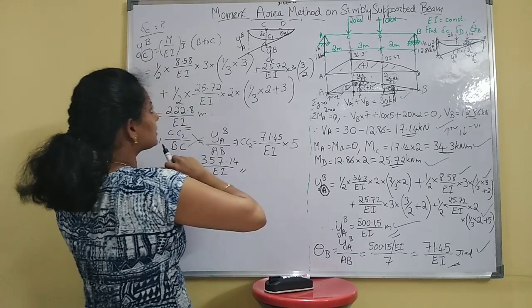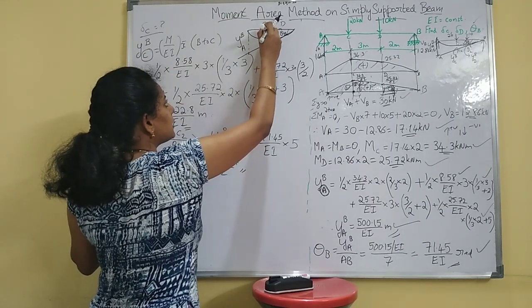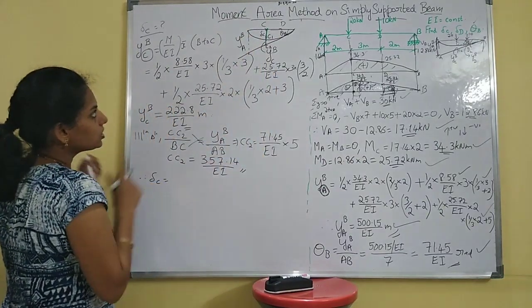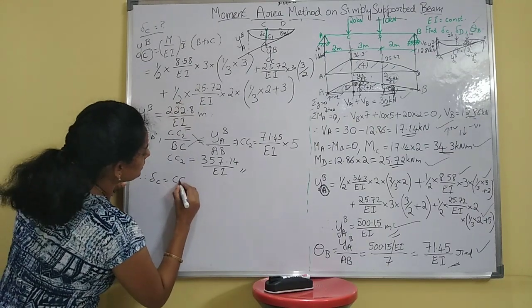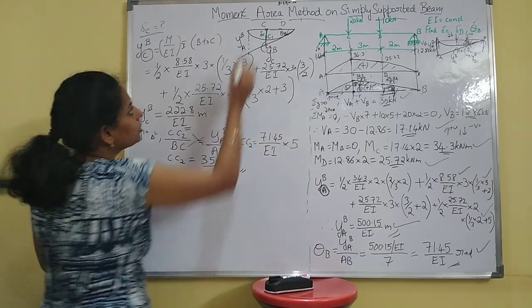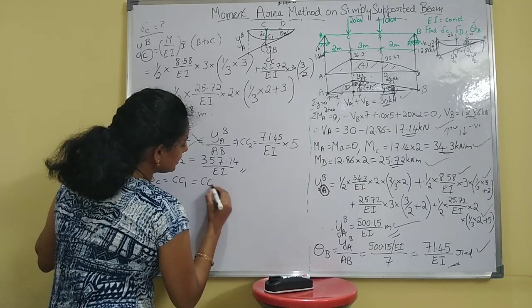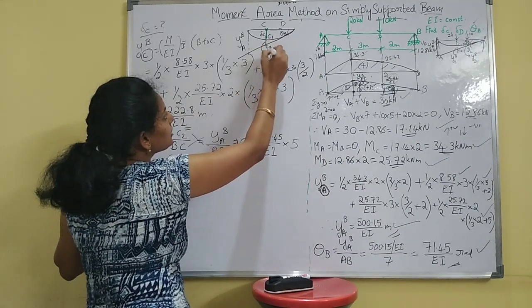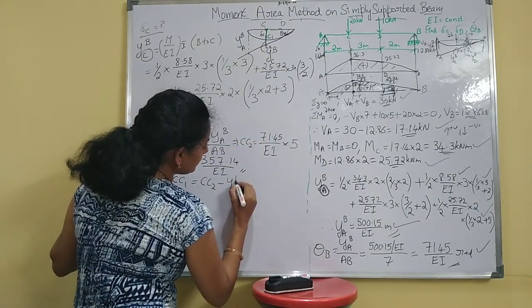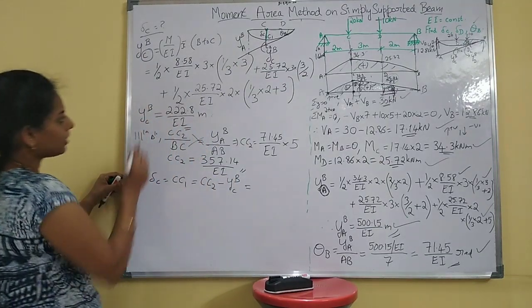This is your delta C. Okay, this green line, this is your delta C. So that is nothing but CC1, which is equal to total is CC2 minus this is nothing but Y C B. Okay, Y C B is found.